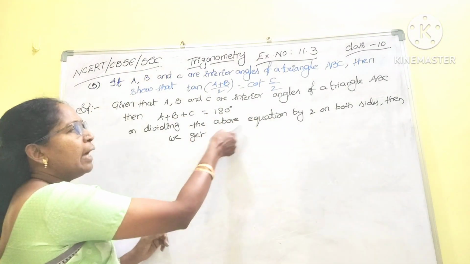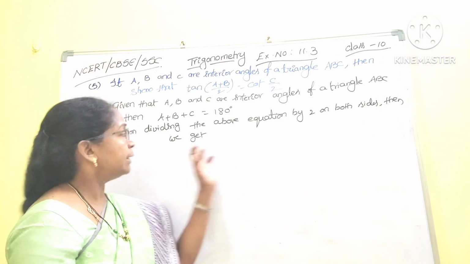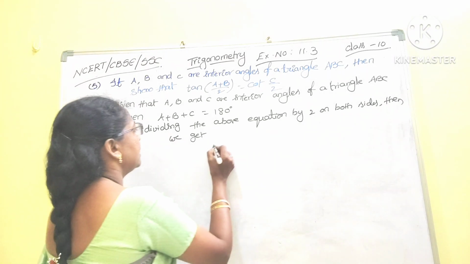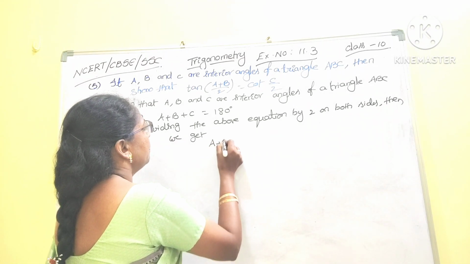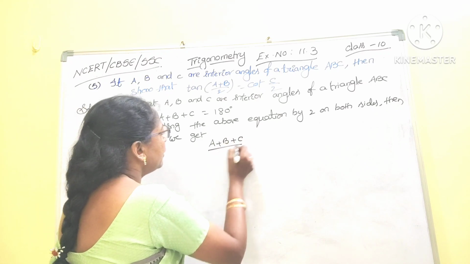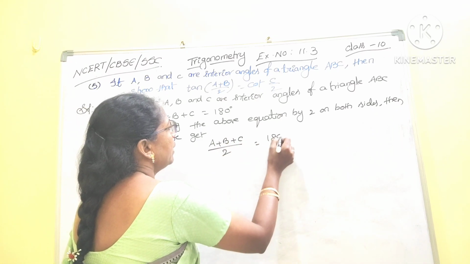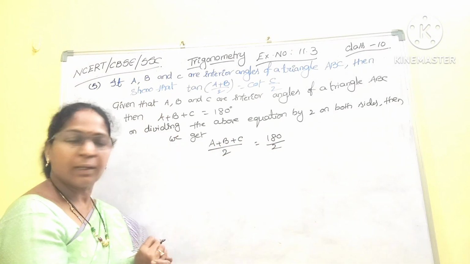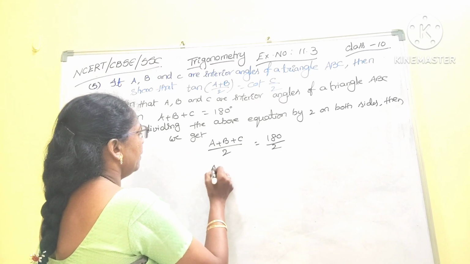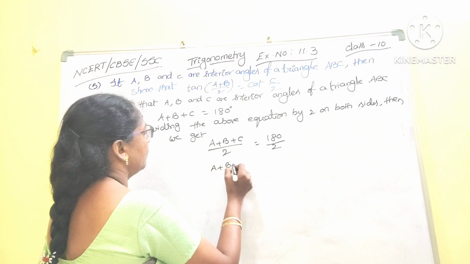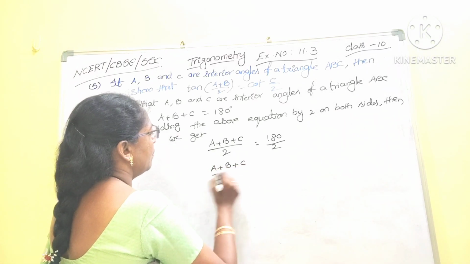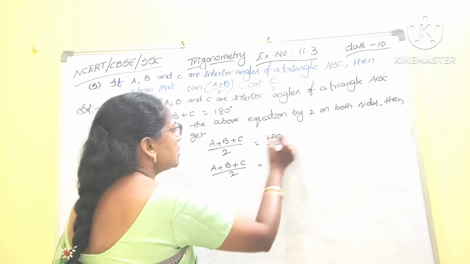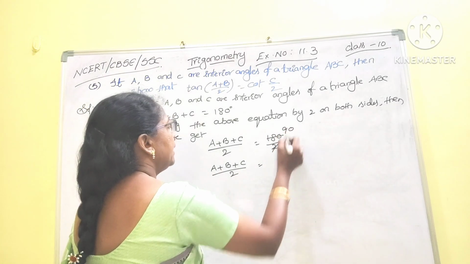So on dividing the above equation by 2 on both sides, just write like this: (A plus B plus C) by 2 equals 180 by 2. Now here (A plus B plus C) by 2 equals, 2 divides 180 ninety times, so 90.